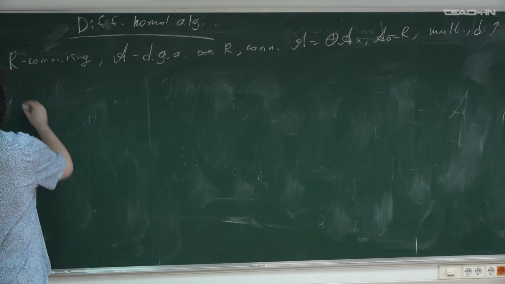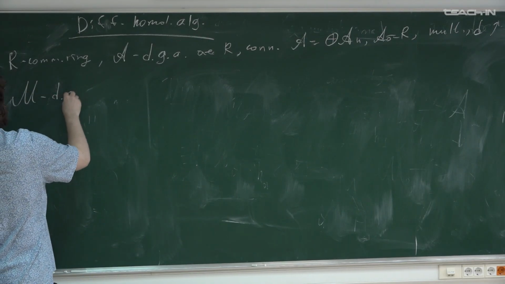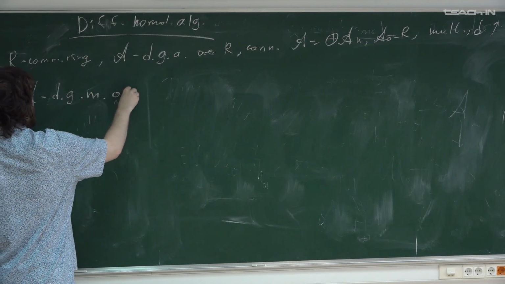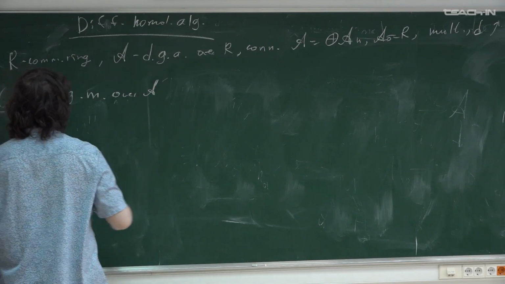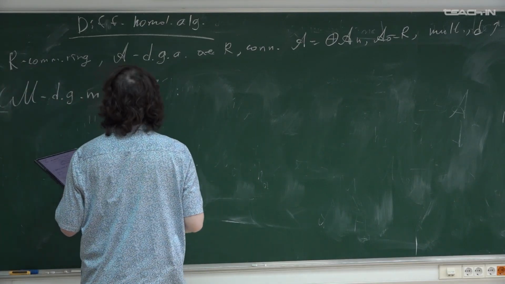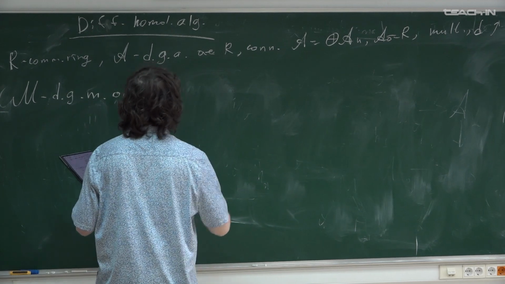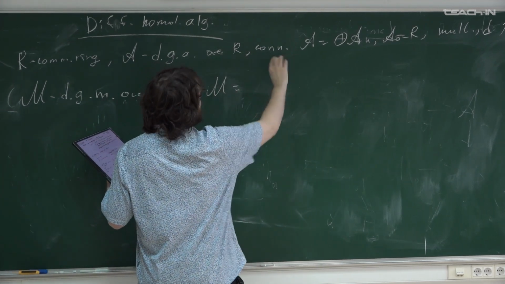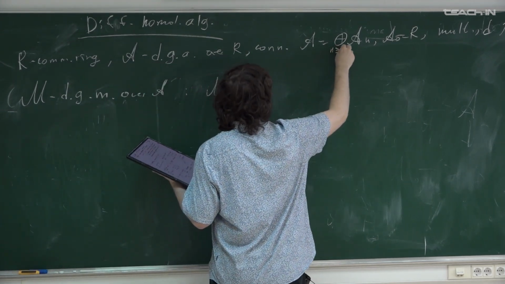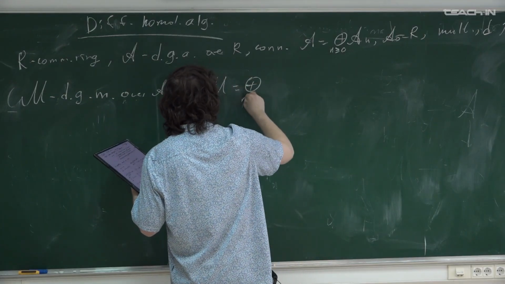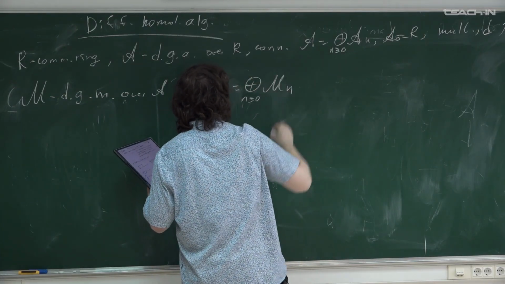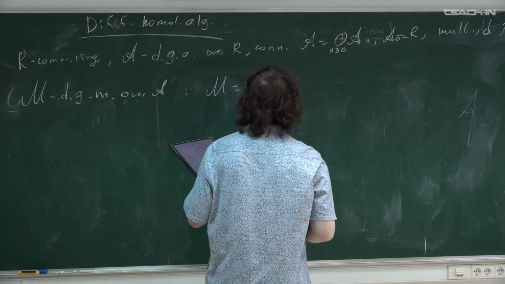And I consider M, a differential graded module over A, which means that it's a differential graded module over R. So it's also non-negatively graded, always. It's an R module.